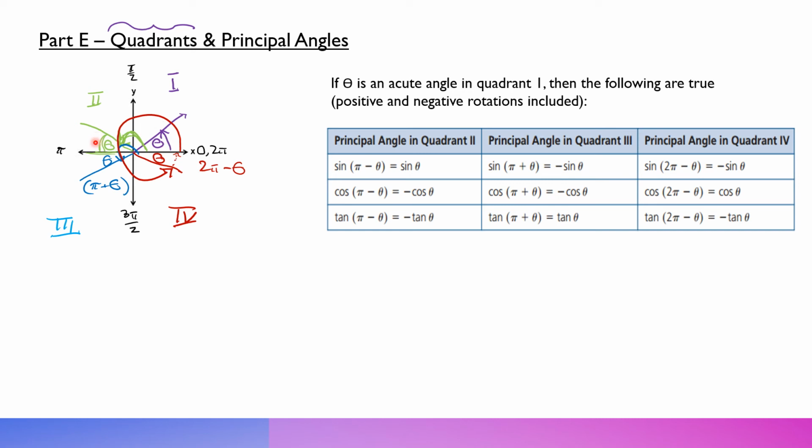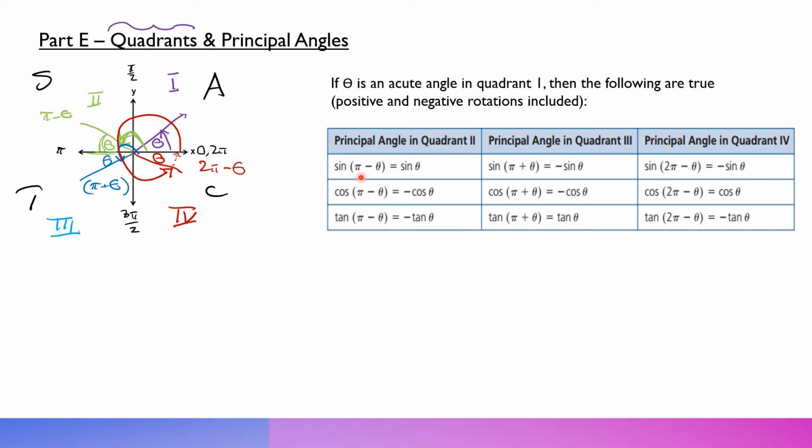The green, if I was talking about sine, is sine positive or negative in that quadrant? So this one, remember, was pi minus theta. So is that angle positive or negative? Let me put the CAST rule on here. C-A-S-T. In quadrant 2, sine is positive.